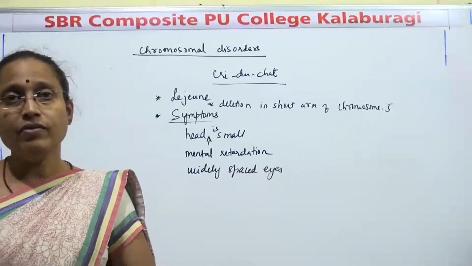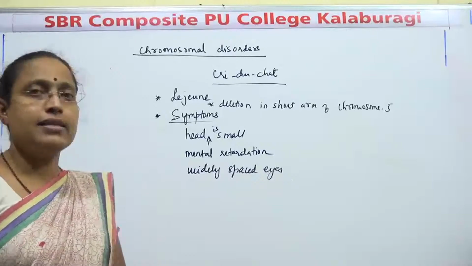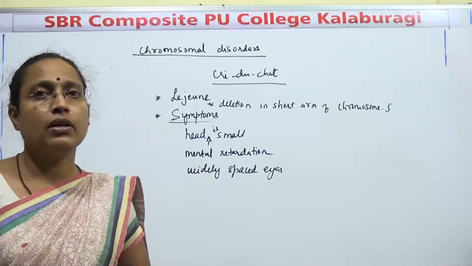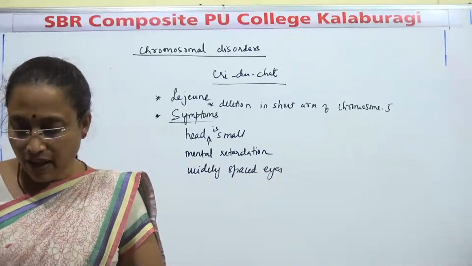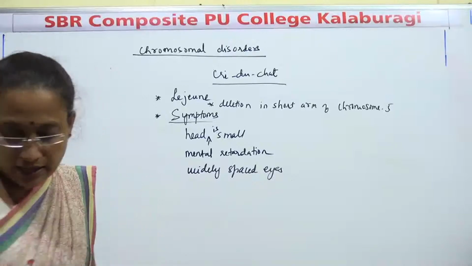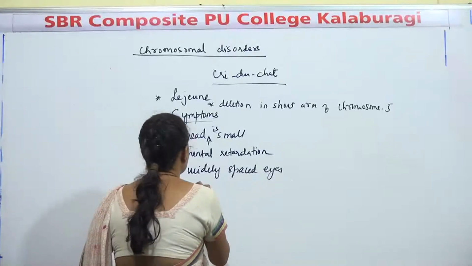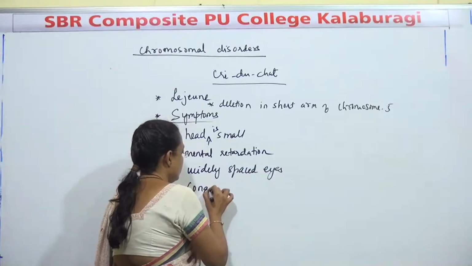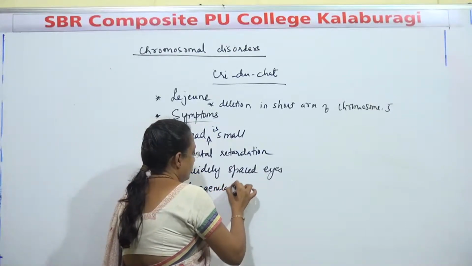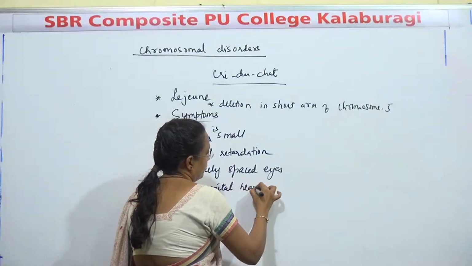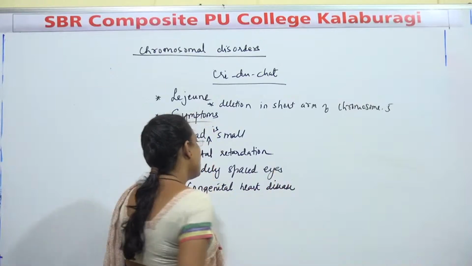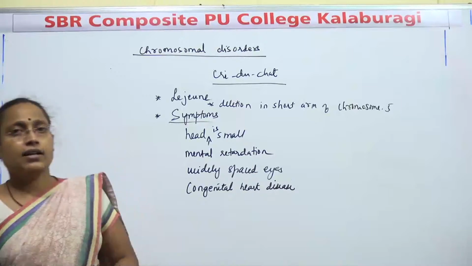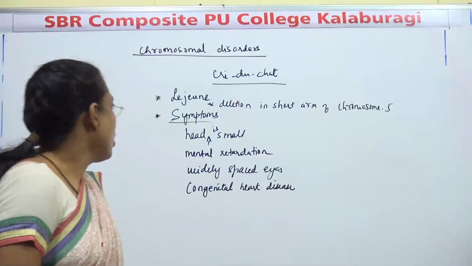Okay, they will have congenital heart diseases. There is a possibility that these people can have heart disease by birth itself. Congenital means by birth itself. So they are supposed to have congenital heart diseases. What do you mean by congenital?